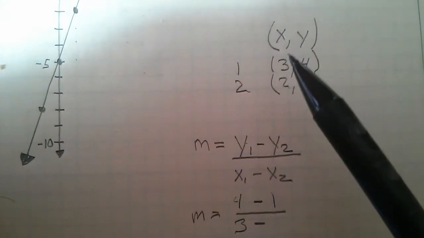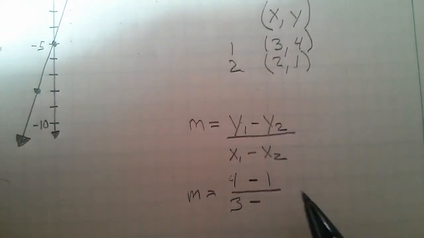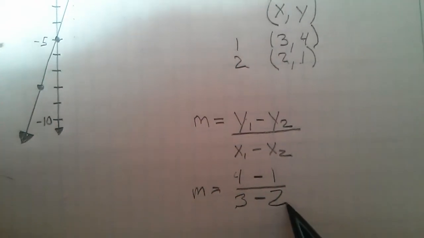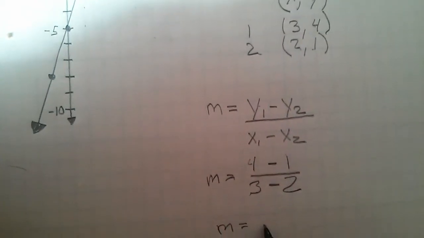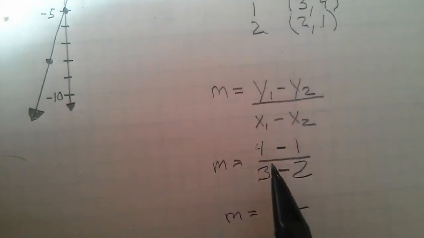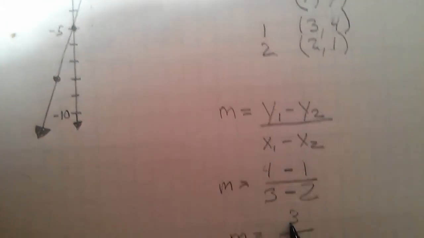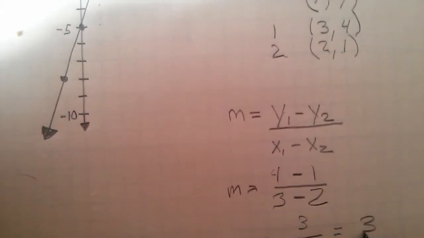So here's my x2, because that's my point 2. So I write down a 2 right there. Sorry, it's so messy, it's hard to do one-handed. So we just go 4 minus 1 is 3, and 3 minus 2 is 1. 3 divided by 1 is a 3.